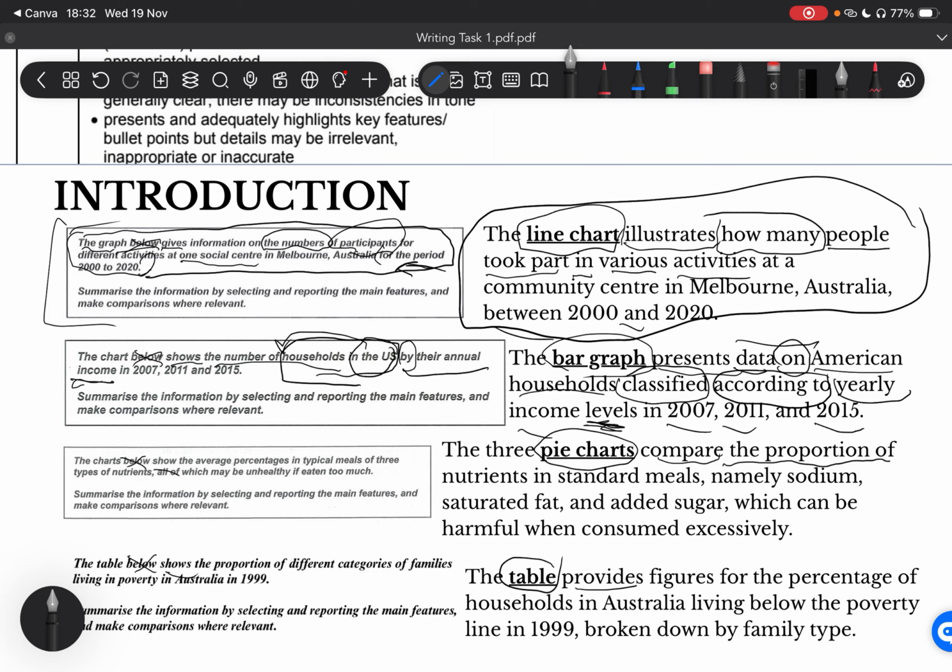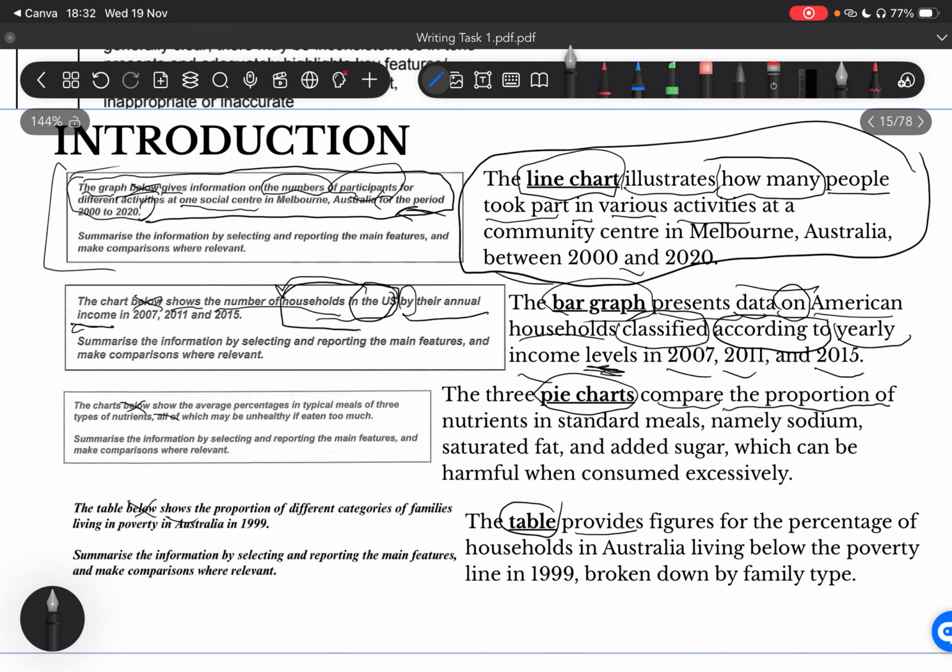Well, you don't really have to change every single word. Change only if it makes sense and if it's not too much. And let's look at the third one here, these 3 pie charts.